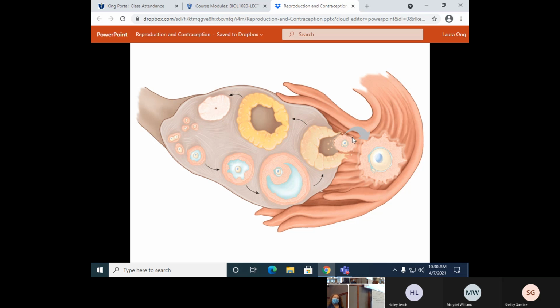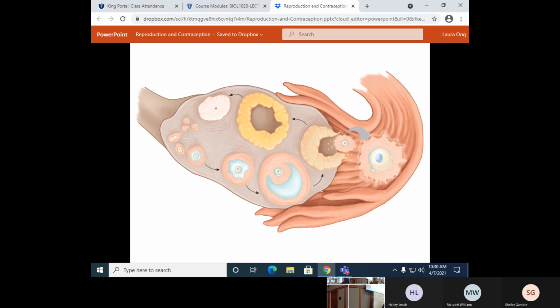And then once that egg leaves, the follicle that is left behind, that the egg just came out of, becomes a structure called corpus luteum.